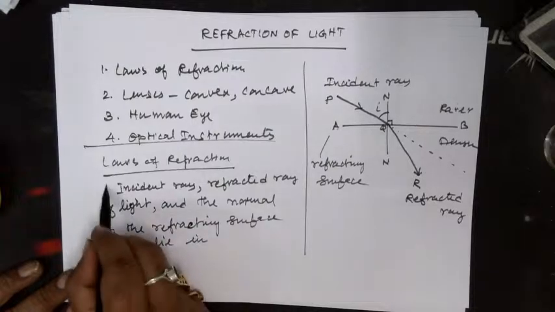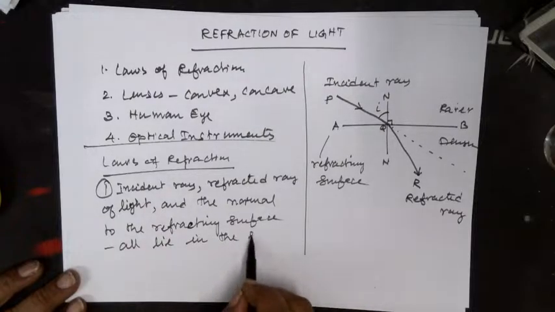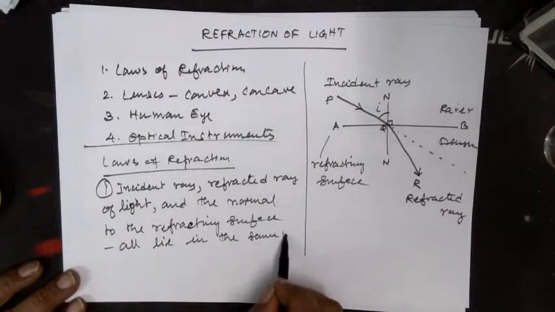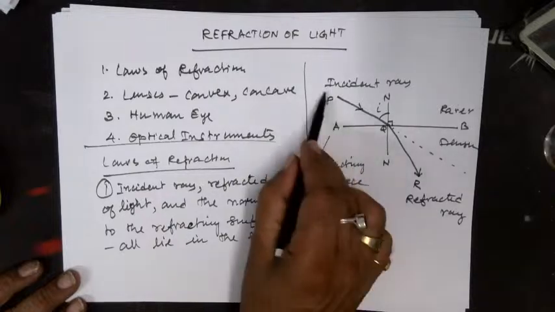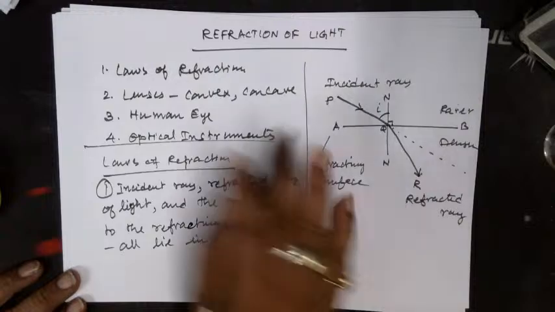This is law 1. That is, this PQ, QR and N dash all lie in the same plane.